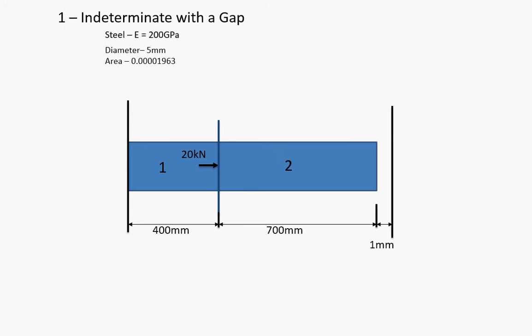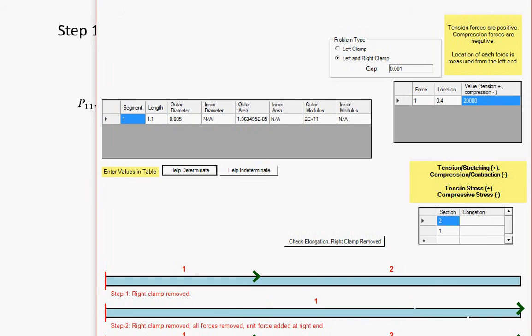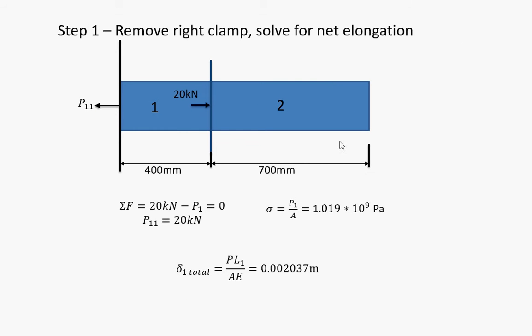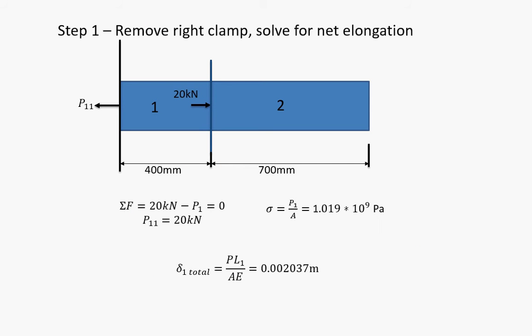Let's move on to step 1. Now it wants you to put in the elongations of either section, so section 2 first and then section 1. However, when you remove the right clamp, there are no loads on section 2. So straight up, 0 force, 0 reactionary force, 0 stress, 0 elongation. All of the calculations I have here are analyzing section 1.